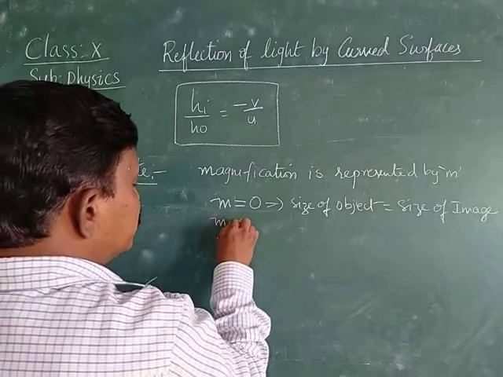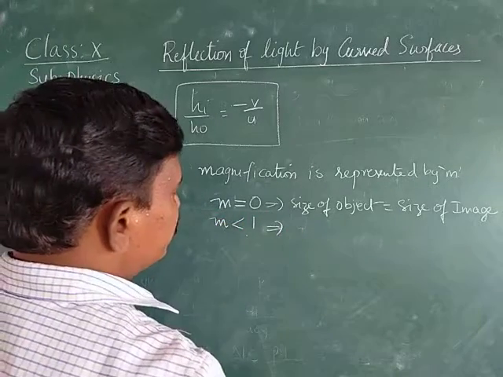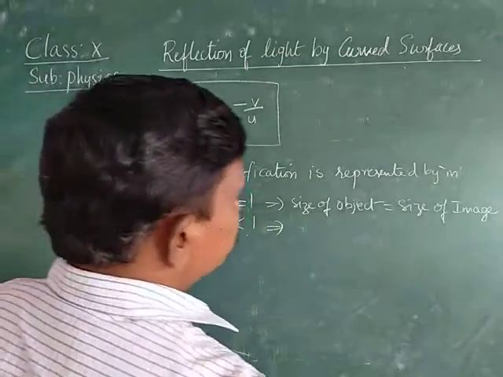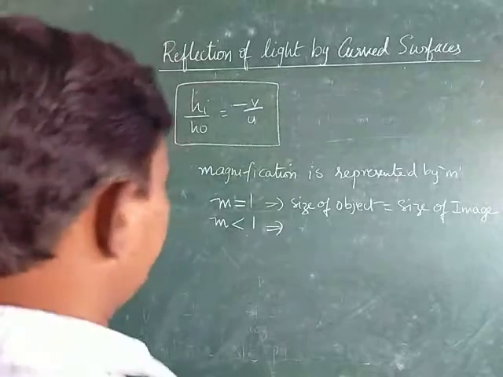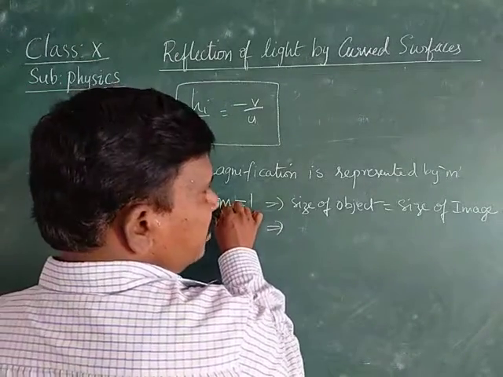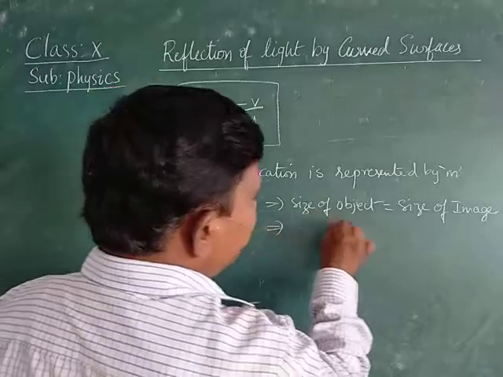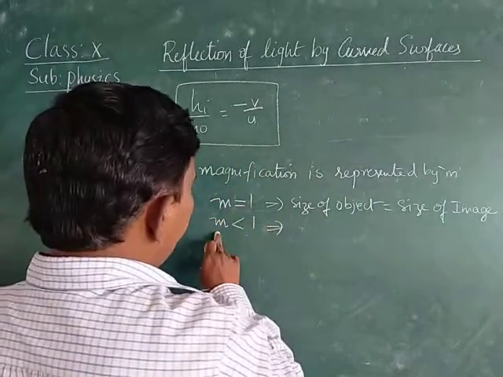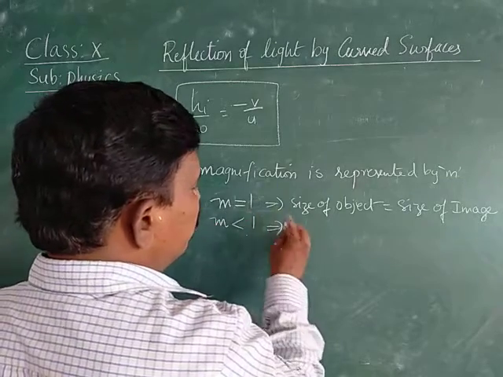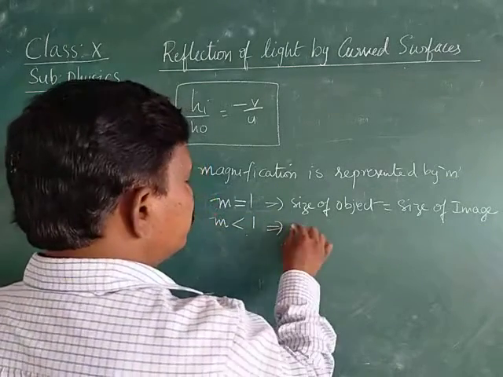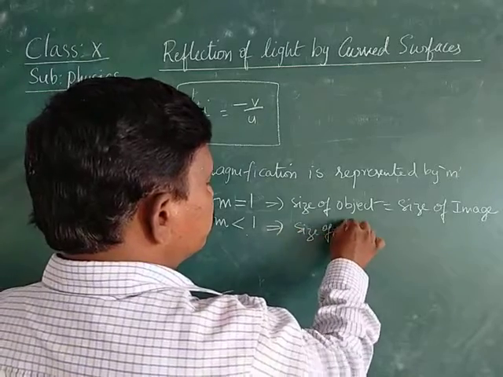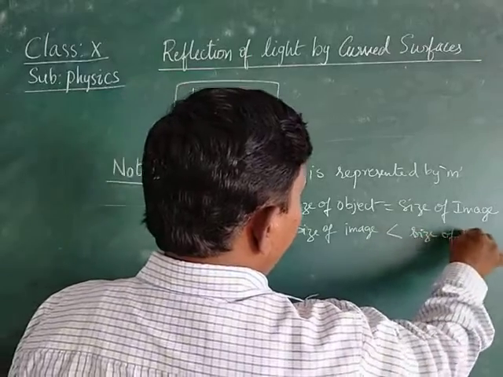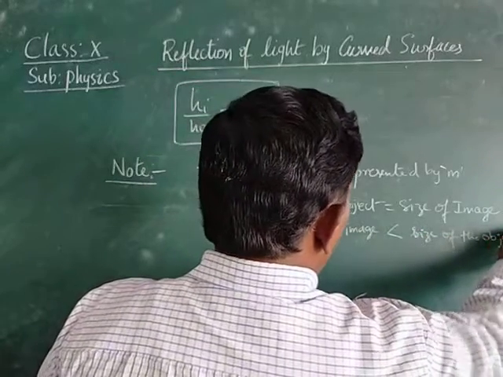It's not 0, it is 1. Next, if the magnification is less than 1, then the size of the image is less than the size of the object.